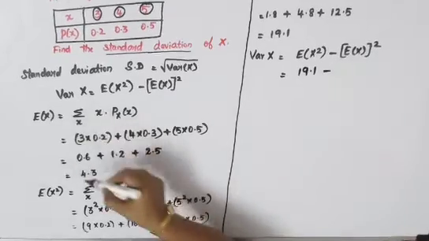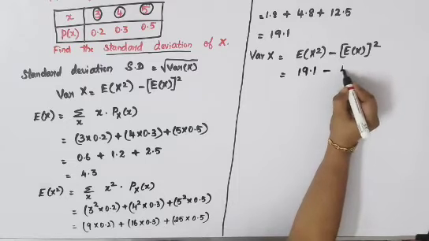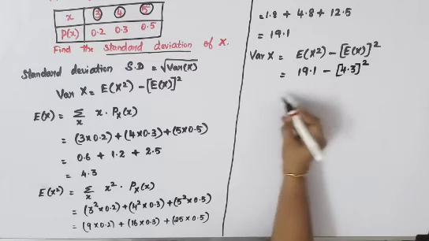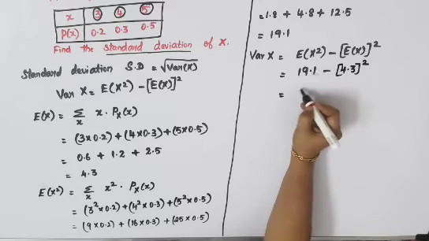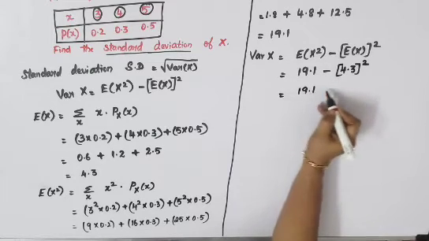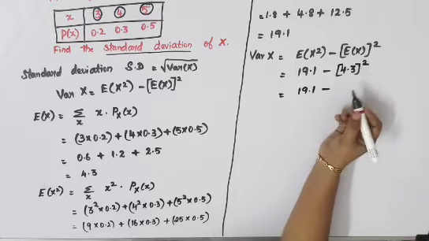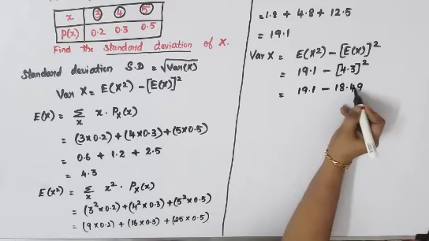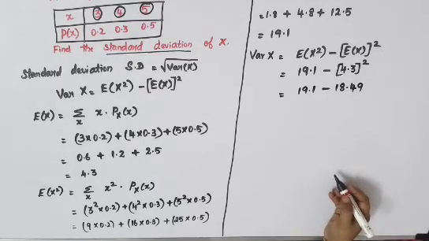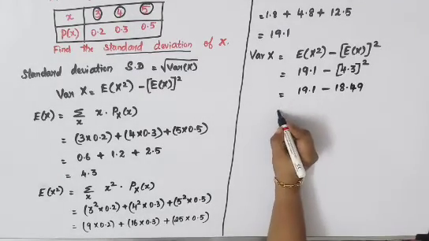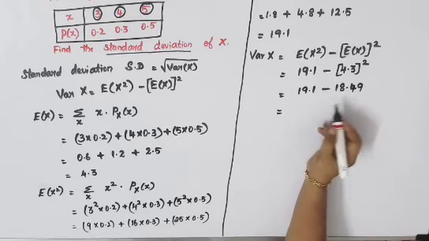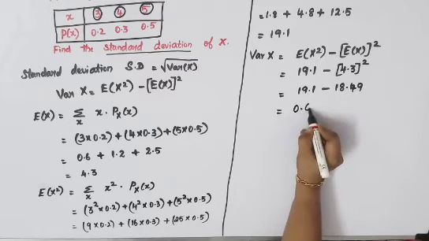We have got E of x as 4.3, so 4.3 the whole square. That is equal to 19.1 minus 4.3 the whole square, you will get 18.49. You can multiply in your calculator, 4.3 into 4.3. Now go for a subtraction, 19.1 minus 18.49. Your answer will be 0.61.